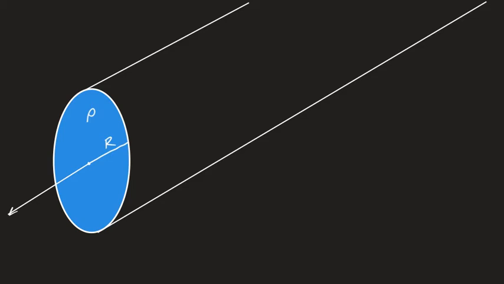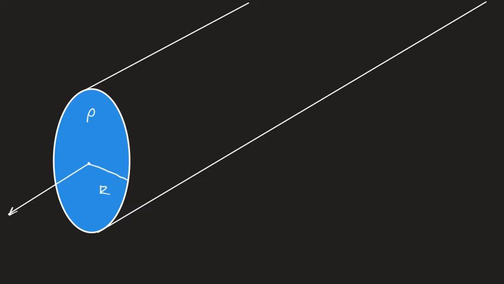Now, to put a finer point on it, I don't like where I drew the R, so let me move it up a little bit so that the radius is not in the way of what I'm about to draw.